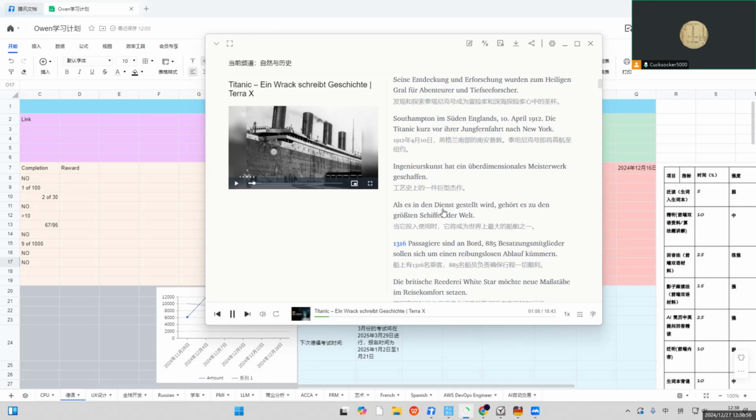Als es in den Dienst gestellt wird, when it was put into service, gehört es zu den größten Schiffen der Welt. Zu den größten Schiffen. Okay, it belongs to the biggest ships in the world. One of the biggest ships in the world. Okay, then zu den größten.